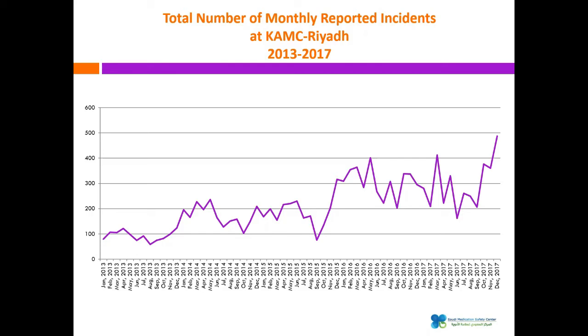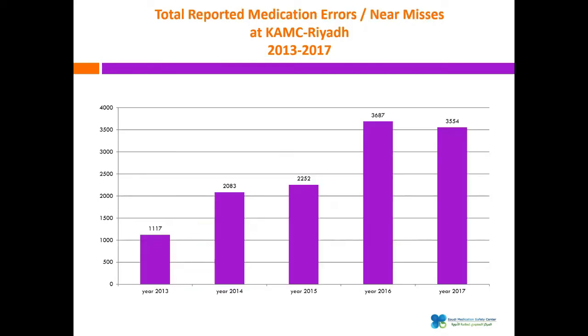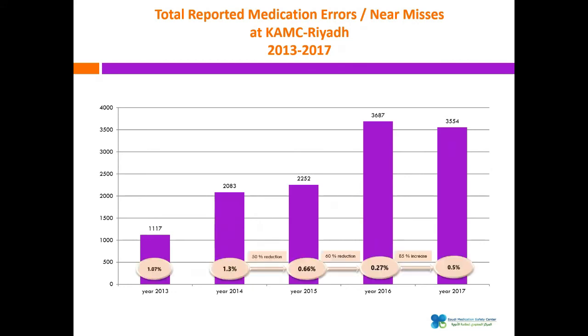Next slide. The number of reports has been increasing year on year. There was a slight dip in 2017, but if we take a look at the number of harm incidents, next slide, we can see that until 2017 there was a significant drop in the percentage of the incidents that actually caused harm.